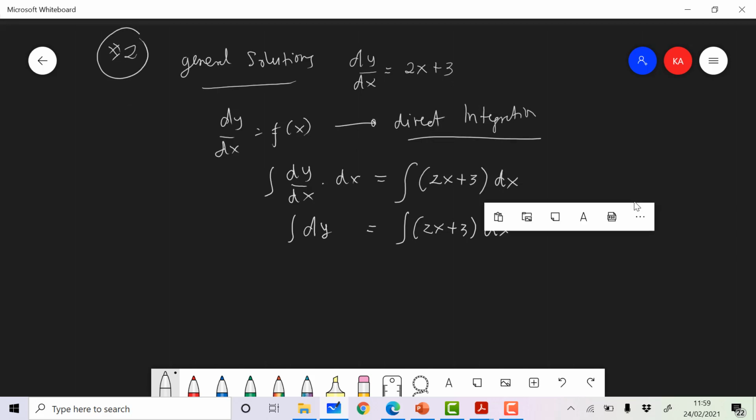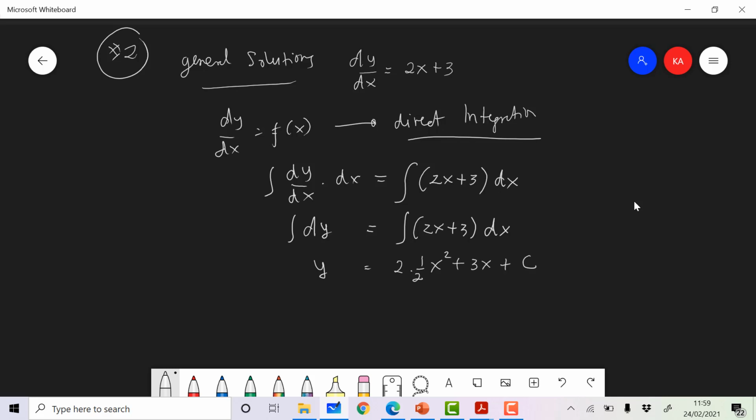So the integral of dy is y, so it becomes x squared plus 3x plus c. So we get that y is x squared plus 3x plus c, where c is an arbitrary constant.